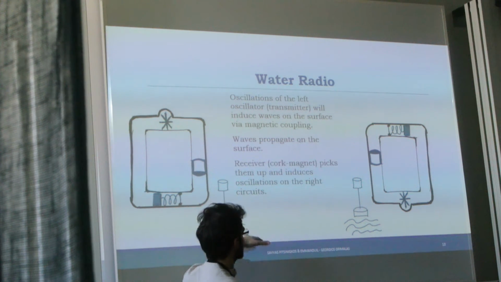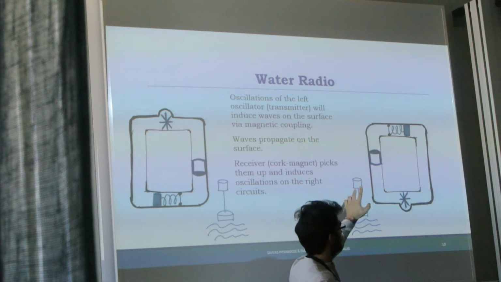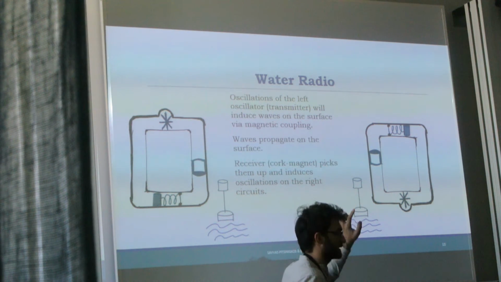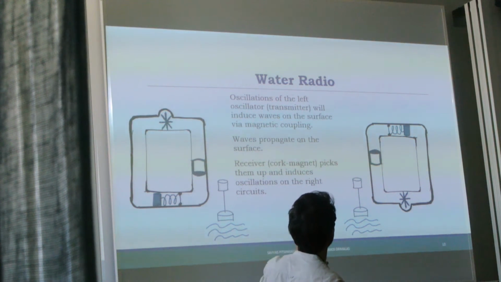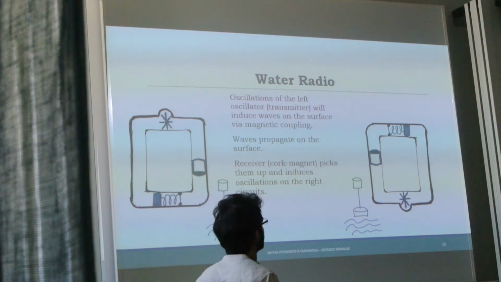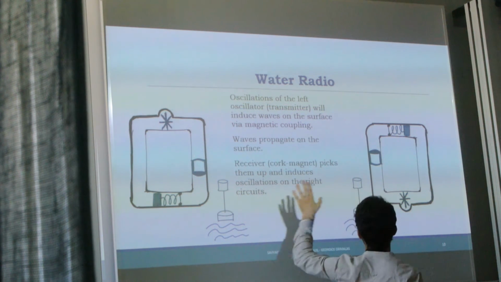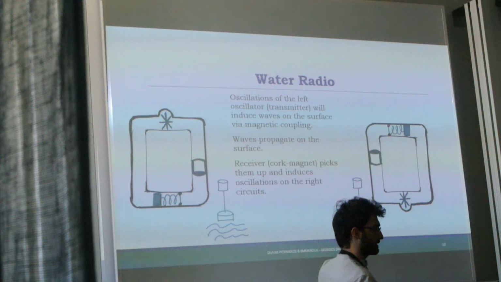So the waves propagate on the liquid and are picked up by the same setup, where also we have two coupled magnetic source and receiver. So that's a way where we can propagate our information from that circuit to that circuit.